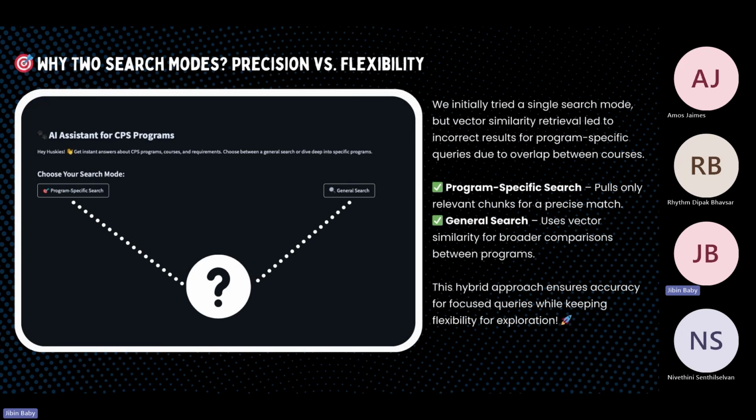Basically we are pulling out the relevant chunks for that specific program, and we are filtering the chunks based on the question. And in general search, we are mainly using vector similarities from the question we have asked. So this approach is actually good for getting an accurate result from the AI.